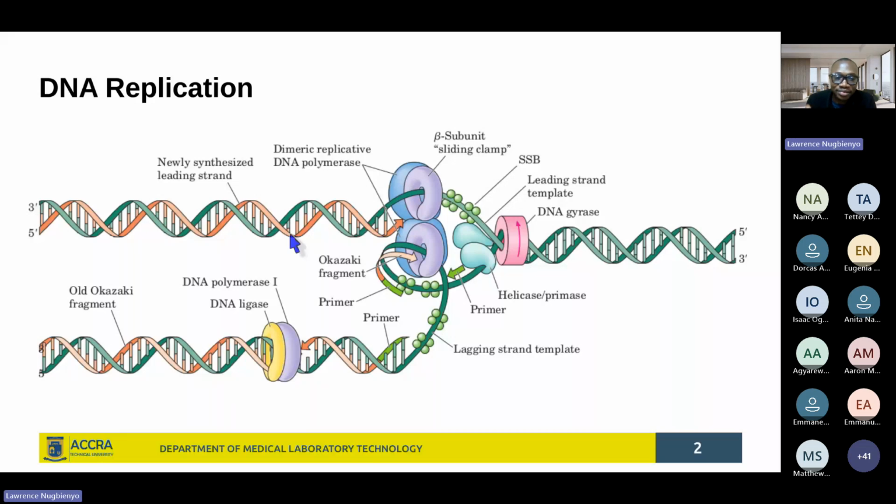So you have an old strand which is conserved and a new strand bonded onto it to form a new molecule. So you have a semi-conservative process.